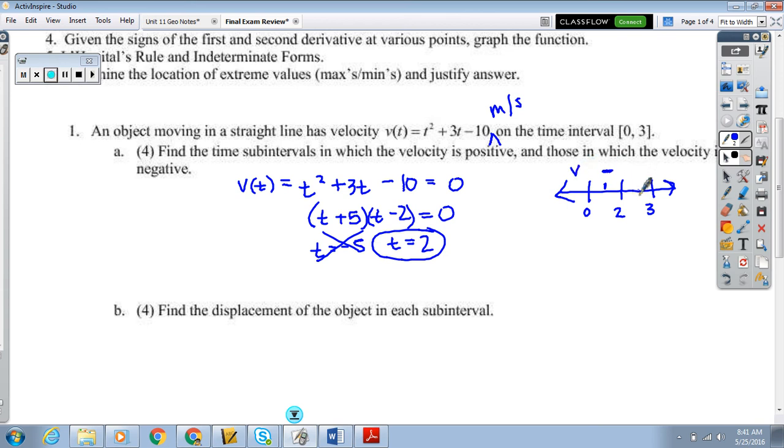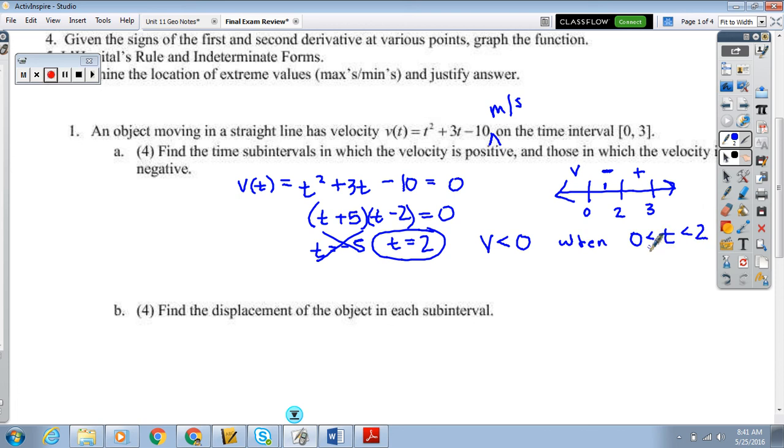Then if I pick a number like 2.5, 2.5 plus 5 is positive, 2.5 minus 2 is positive also. Based on this little sign chart, I could conclude that velocity is negative when t is in between 0 and 2.